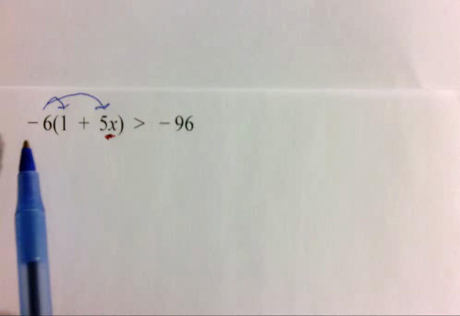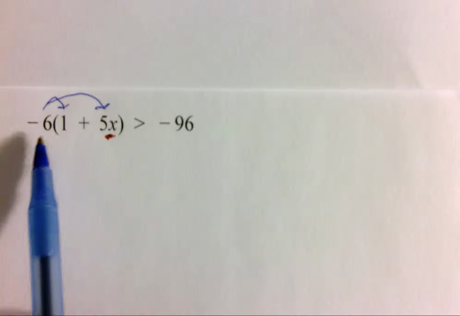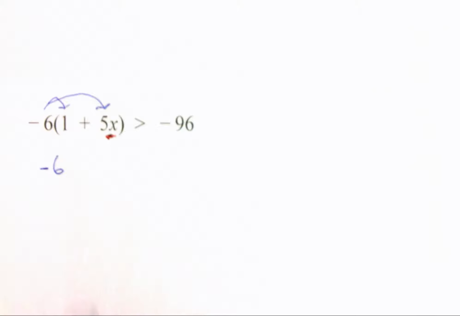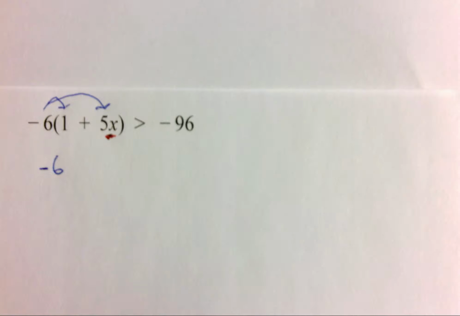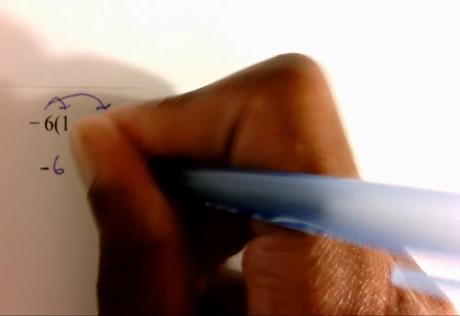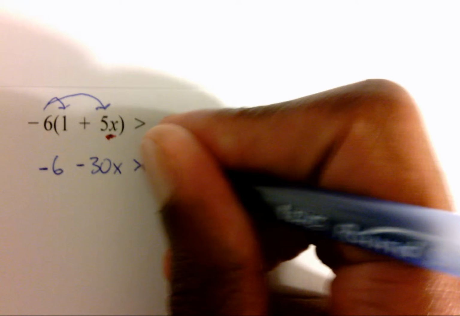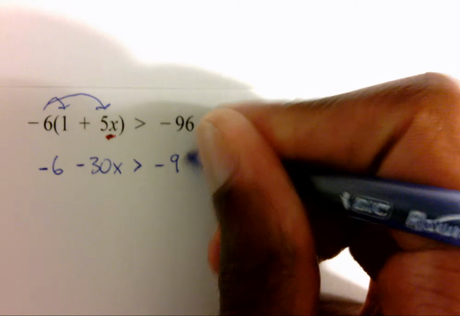So to do that, I'm going to use my distributive property and multiply both terms by negative 6. So 1 times negative 6 is negative 6. Then negative 6 times 5x is going to give me negative 30x. Okay. So the left side simplifies to negative 6 minus 30x, and that is greater than negative 96.